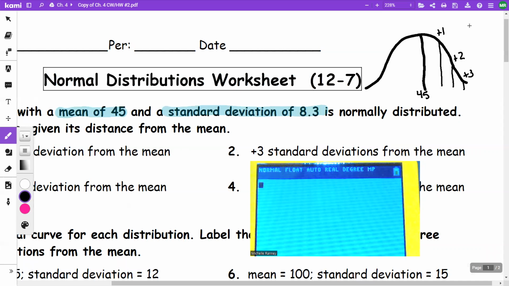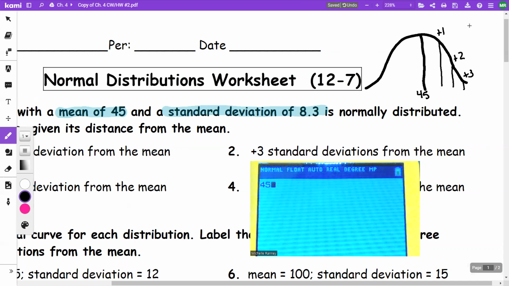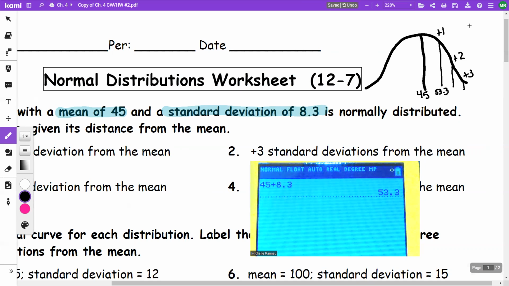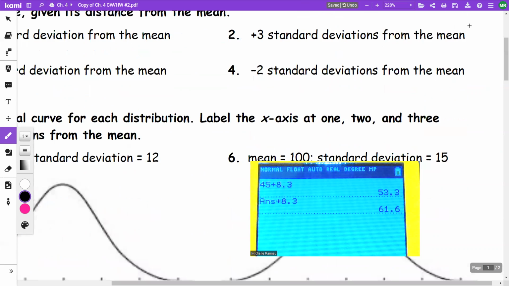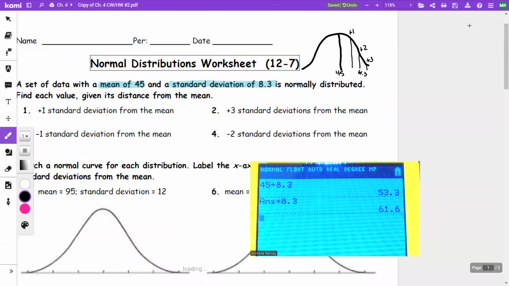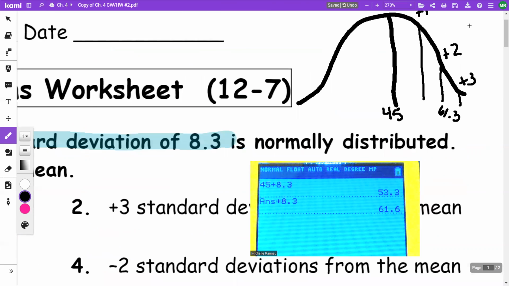So I am going to go 45 plus 8.3, and I'm going to get 53.3. And I'm going to add 8.3 again, and I'm going to get 61.6. Let me just write this in this direction.